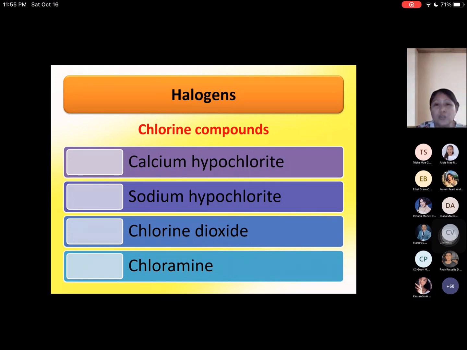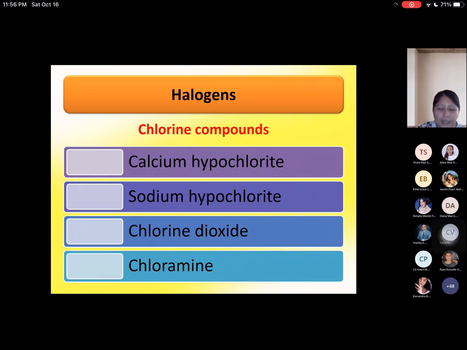Sodium hypochlorite is known as our household disinfectant, bleach or Clorox, and is used as a disinfectant in dairy production, in food processing establishments, and in hemodialysis systems.